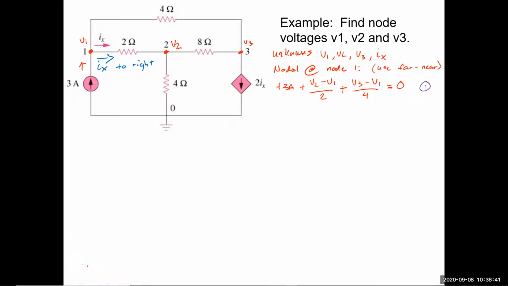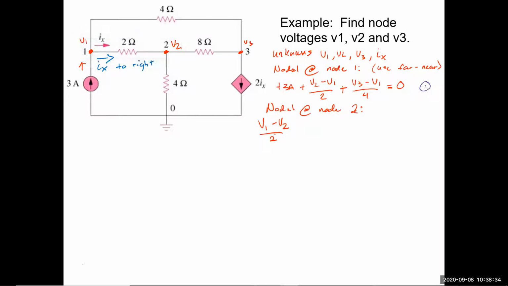So V3 minus V1 over 4 ohms, all of that is equal to 0. Now let's do nodal analysis at node 2. We've got V1 minus V2 divided by 2 ohms, the resistance in between those. Again, V1 is the far node, V2 is the near node.